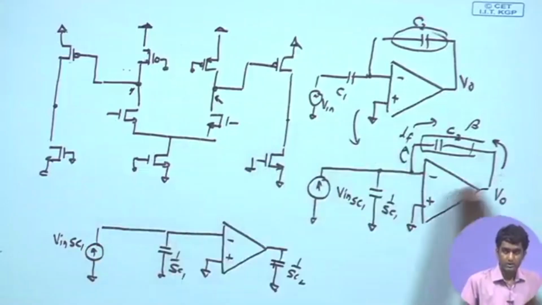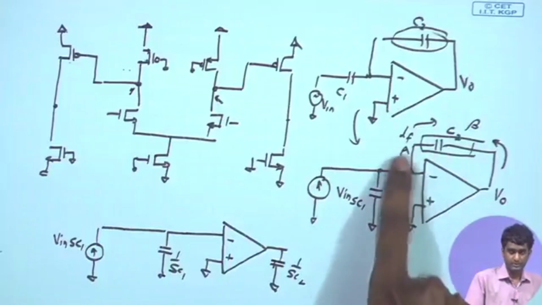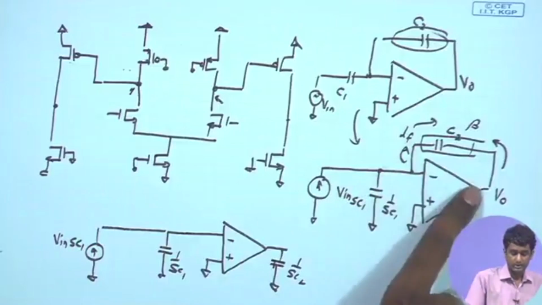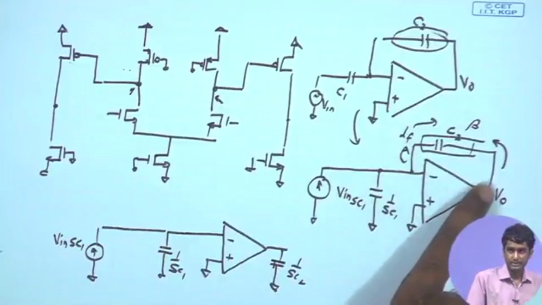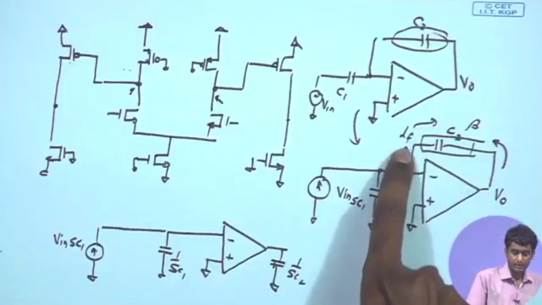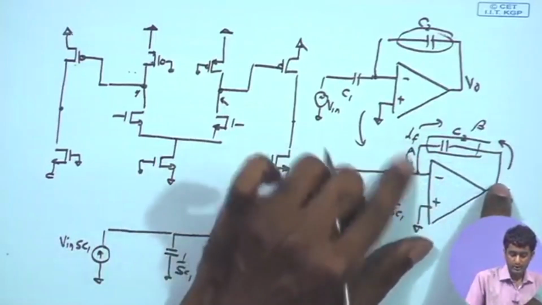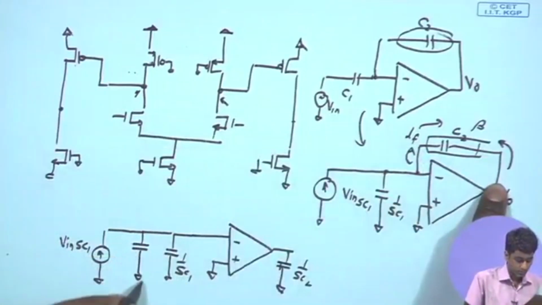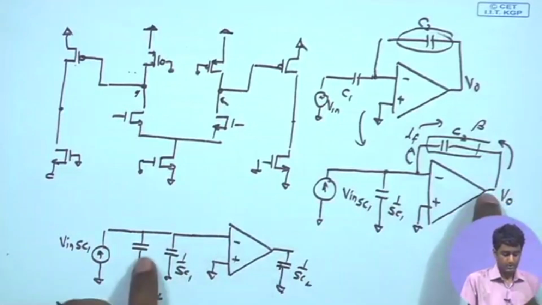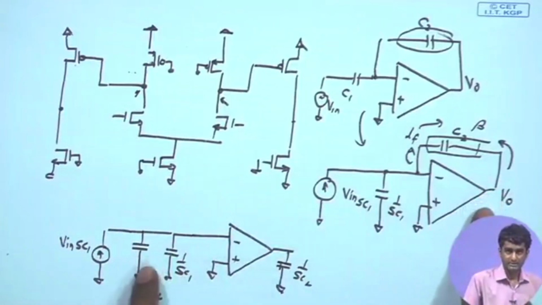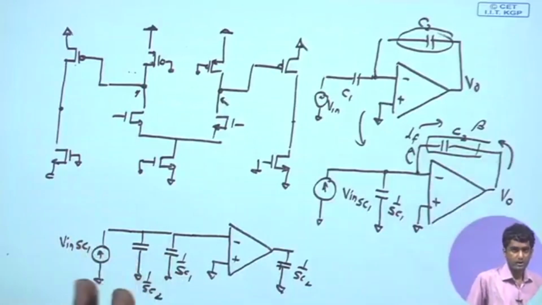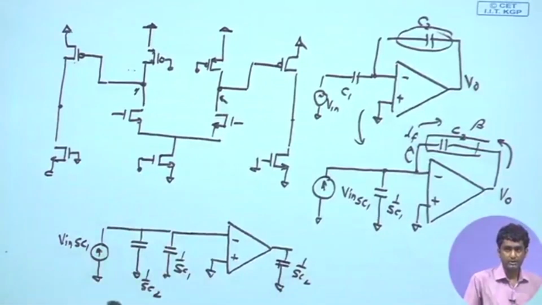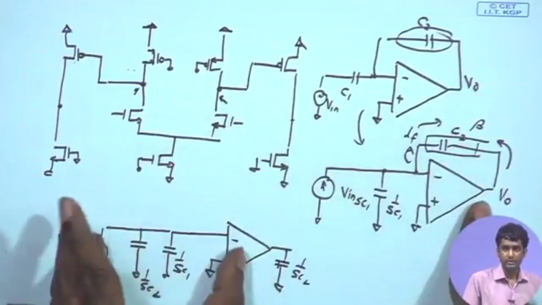Likewise, looking into the output port of the feedback network, where you are having the IF going into the feedback network, the other end is once again shunt connection, we are sensing the output voltage, and as a result, while looking into the output port, we put another ground over here, and we get 1 upon SC2 as the equivalent load impedance coming because of the feedback network. So, effectively we are arriving at the open loop equivalent circuit, and we are incorporating the loading effect of the feedback network on the main amplifier.